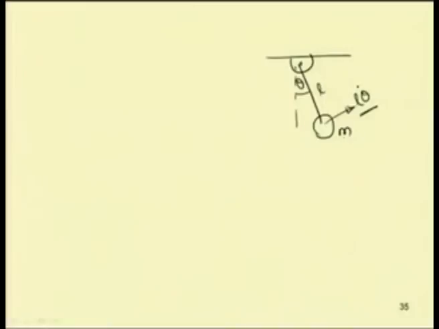If the mass is m, the kinetic energy will be equal to half m into L theta dot square. Potential energy can be obtained by finding the change in position. The initial position is here, and now it has come to this position.